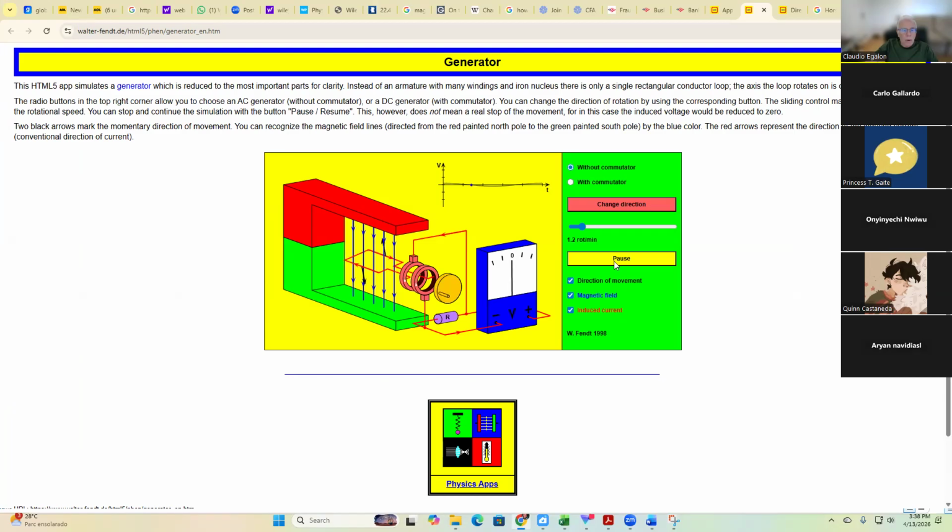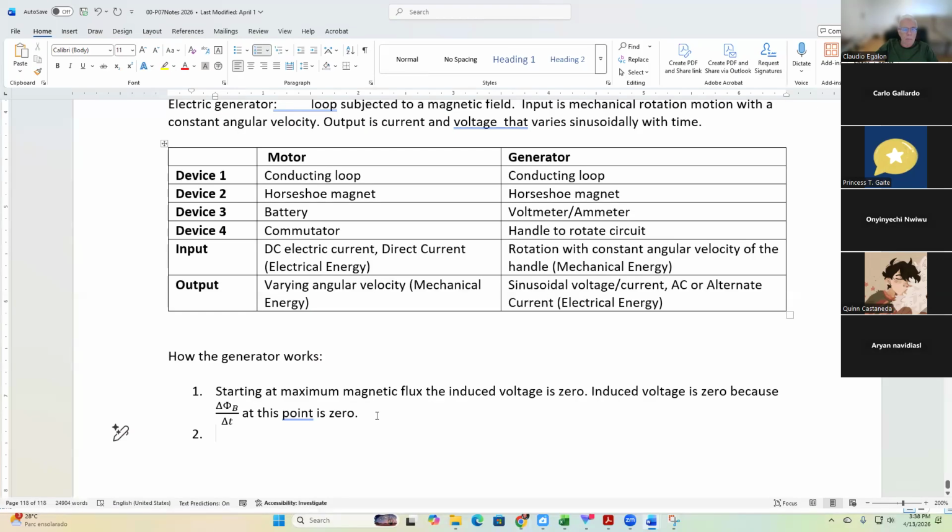Step two. Resume. Between maximum magnetic flux, B flux, and zero B flux, delta phi over delta t decreases.